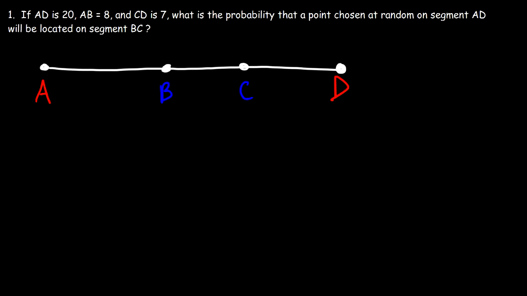We're told that AD is 20 units long and AB is 8 units long. CD is 7. So BC has to be 20 minus 8 minus 7. 20 minus 8 is 12. 12 minus 7 is 5. These three numbers have to add up to 20 because AD is 20.